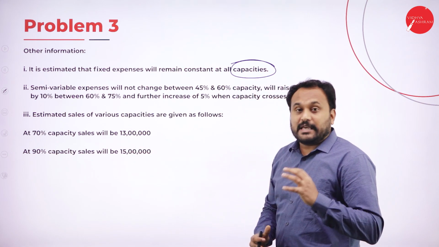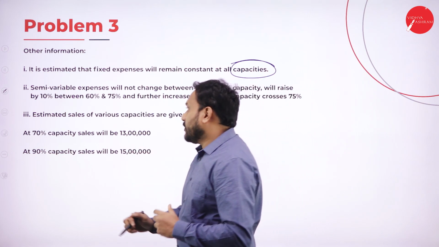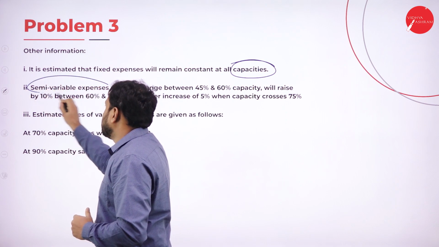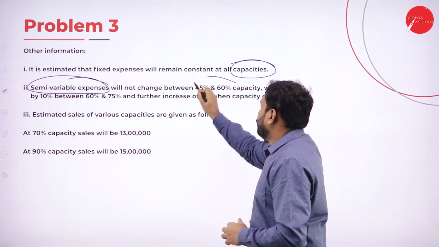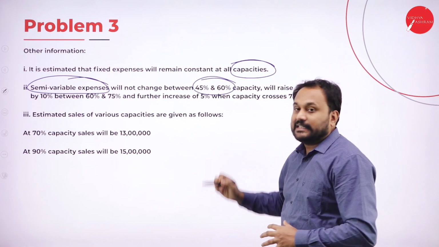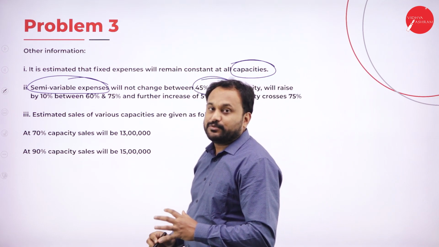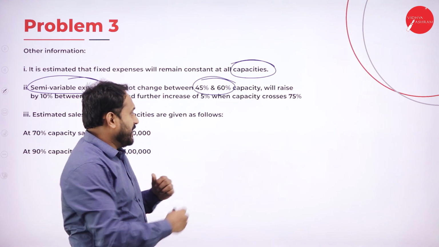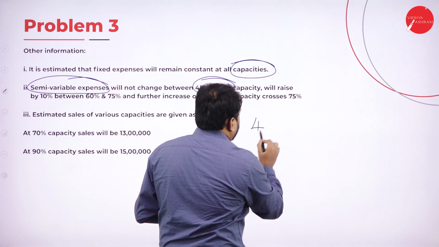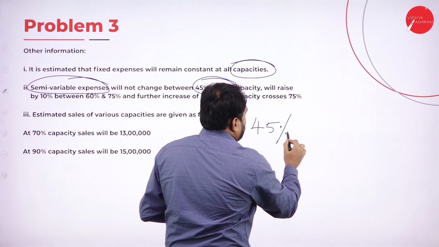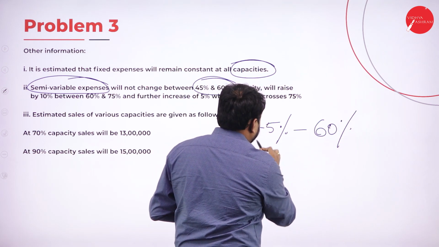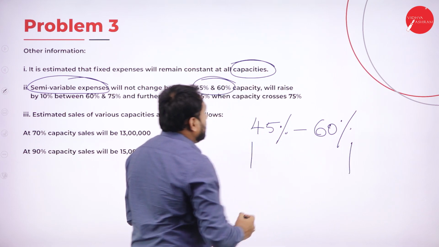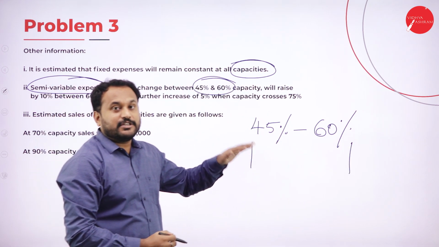Second one is semi-variable expenses. Now they are talking about semi-variable expenses will not change between 45% and 60%. That means wherever they go with 45% to 60%, that means in between what all comes, it is all same is what they say.